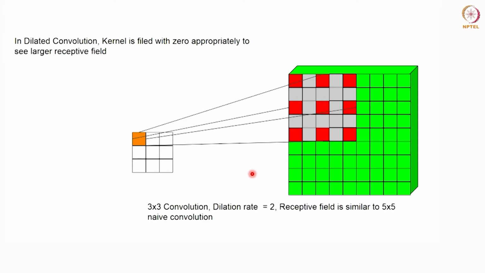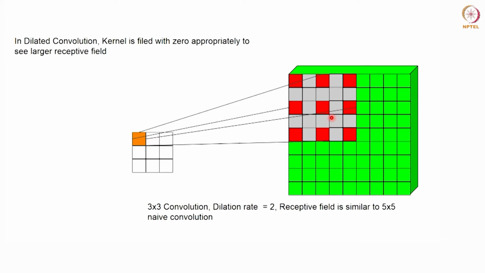If we recall, as we saw earlier, in order to get a receptive field size of 7 cross 7, it is the same as doing 3 cross 3 convolutions in succession. That is an increased number of operations, while in this case we directly get a 5 cross 5 receptive field just by adding zero rows and zero columns in the rows and columns of your filter kernel.